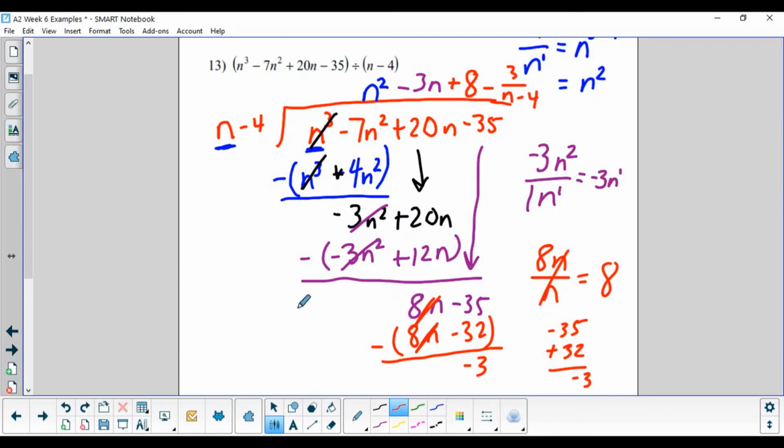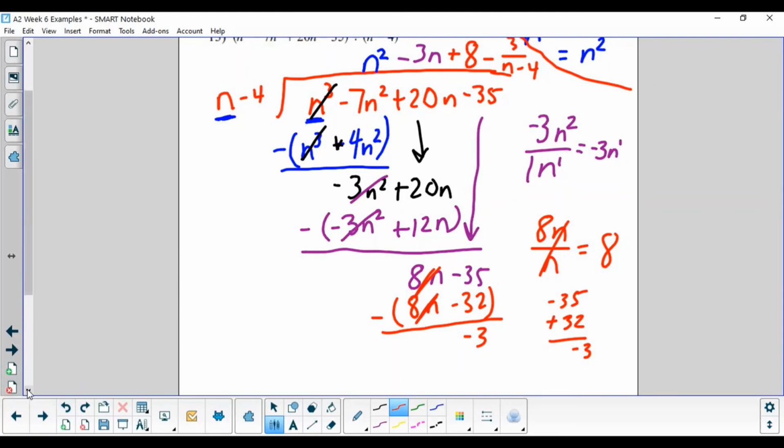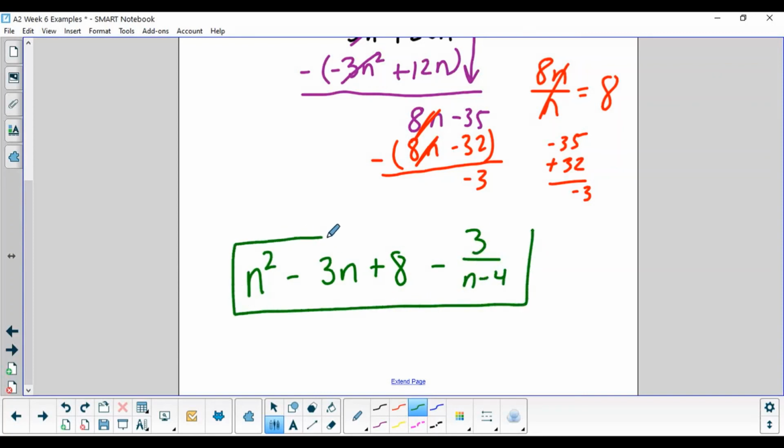And then just to separate this, I'm going to do that. And the last thing, just to clean it up a little bit, I'm just going to rewrite this at the bottom here as n squared minus 3n plus 8 minus 3 over n minus 4.